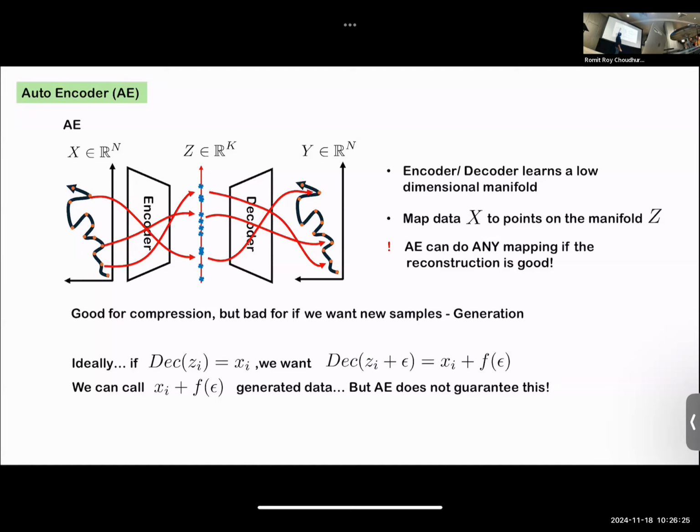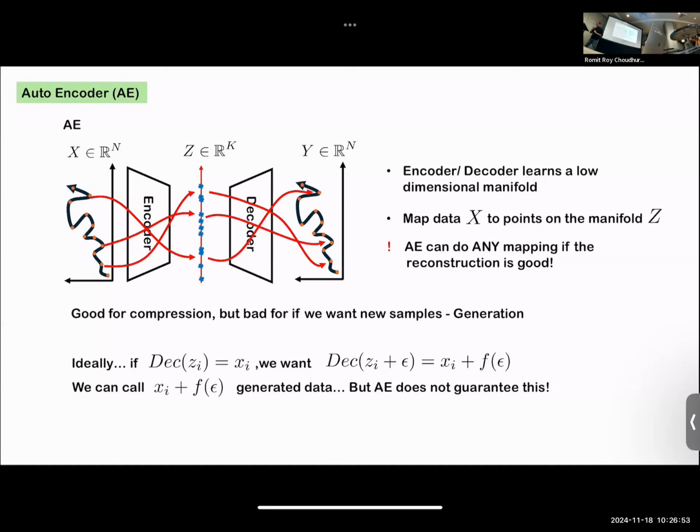If this was a white cat, a nearby point should give me a white and gray cat. That's what I want. But I never specified that to the encoder-decoder. All I told it is that your input image and your output image should match. And the encoder-decoder has learned some latent space in which there is no continuity. This point goes to a cat, and the next point can go to garbage.